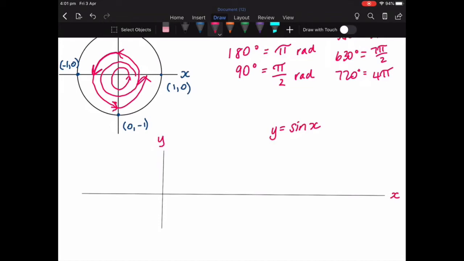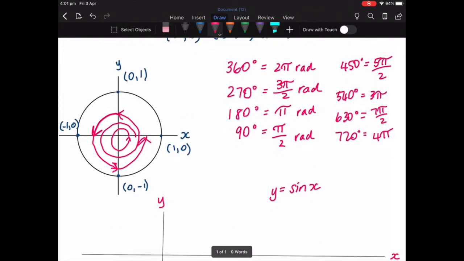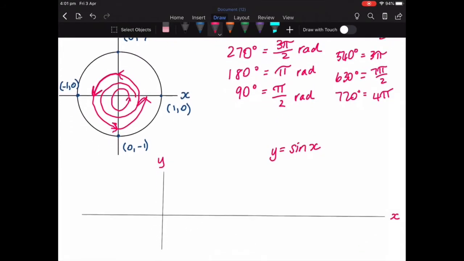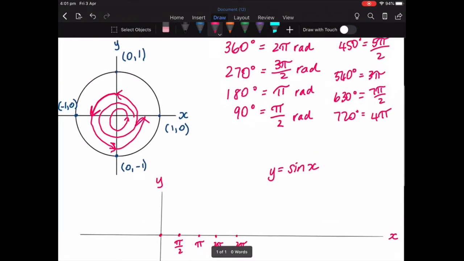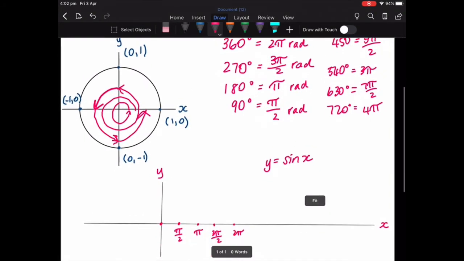Okay, so this is x where we're going to plot our radians, and this is y. Now, along here, let's start. So actually we'll start at 0 radians at this point. This point here is going to be pi over 2, and then pi radians, and then 3 pi over 2, and then 2 pi. So we're up to 360 degrees now.